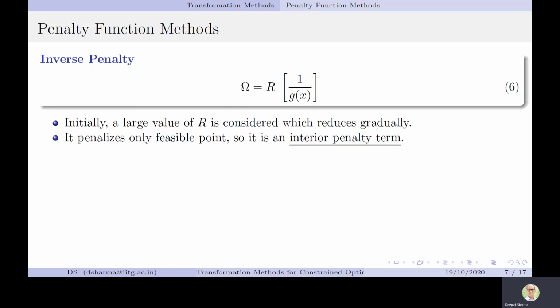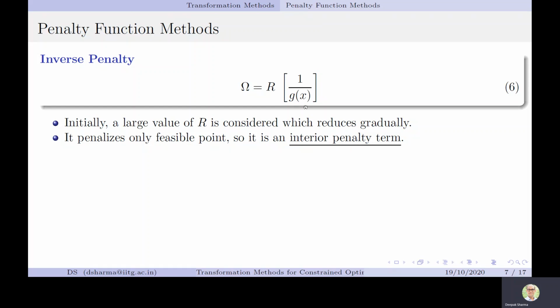if the constraint is violated, it means that g of x is going to take a negative value. If it is going to take a negative value, then we will be subtracting this value from our objective function. Means we are reducing the objective function, which is not true. Why? Because the infeasible point should be penalized. So therefore, this inverse penalty should take only positive values of g of x.